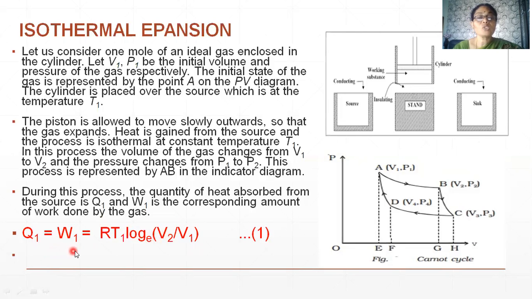So work done in the isothermal process is given by the expression W1 is equal to RT1 log V2 by V1. So this is the first stage of operation, and we have calculated the work done in the first stage of operation. Similarly, let's see what happens in the second stage of operation, that is adiabatic expansion process.